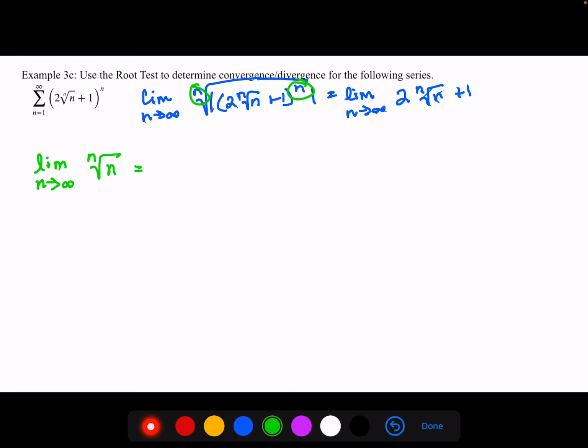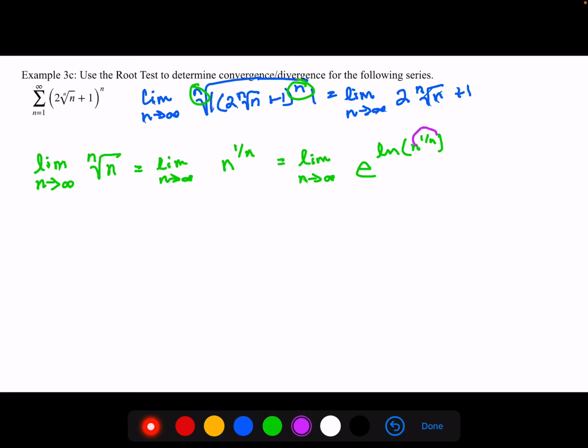So we can write this as the limit as n goes to infinity of n raised to the 1 over n power. Since we have a function to a function, we want to find a way to apply a logarithm. So we're going to write this as the limit as n goes to infinity of e raised to the natural log of n to the 1 over n power.